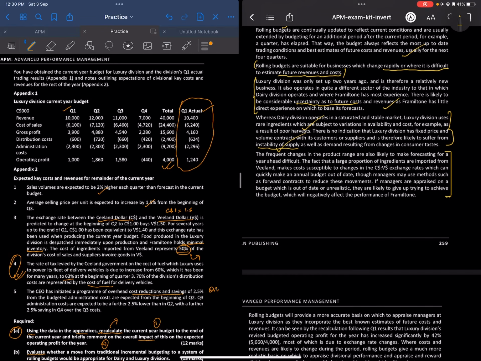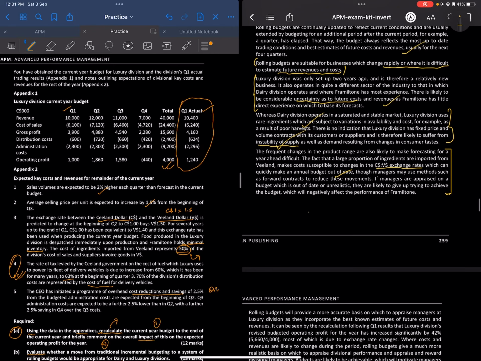The fact that a large proportion of ingredients are imported makes them susceptible to exchange rate changes, right, which can quickly make an annual budget out of date because of that factor, right? Of course they could use some forward contracts, hedging instruments. We can always talk about exchange rate. When there is exchange rate, always remember you can talk about hedging a little bit, just a small point.